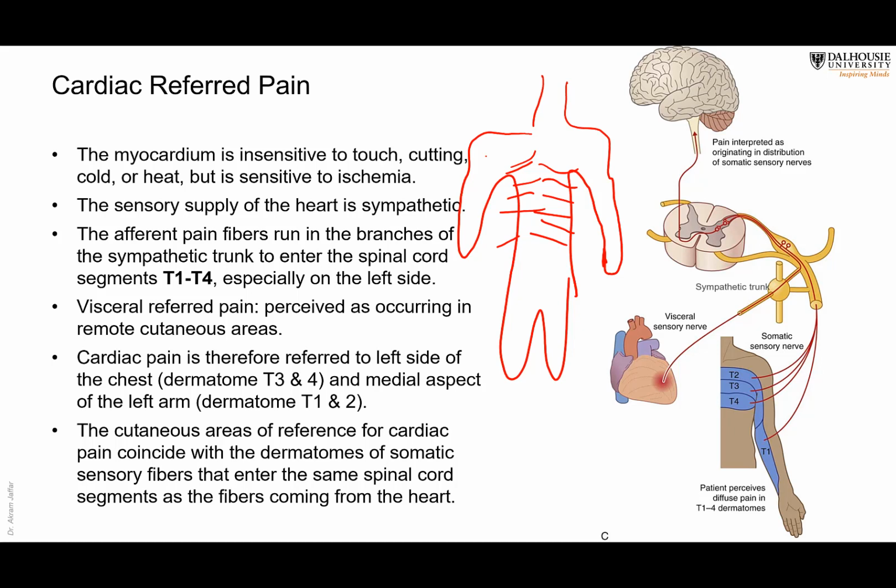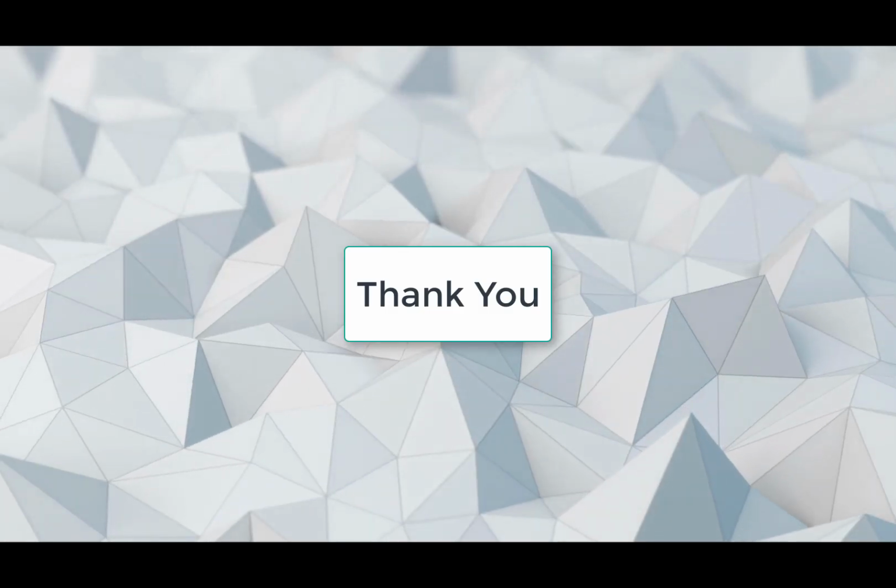These somatic nerves are going to connect to the same socket that receives visceral nerves from the heart. So the brain will interpret these impulses as if they are coming from the skin. And that's why the patient will feel the sensation as if it is coming from the skin. Okay?